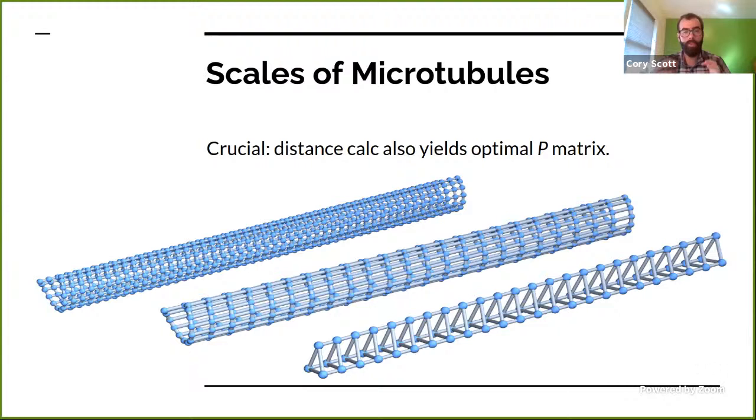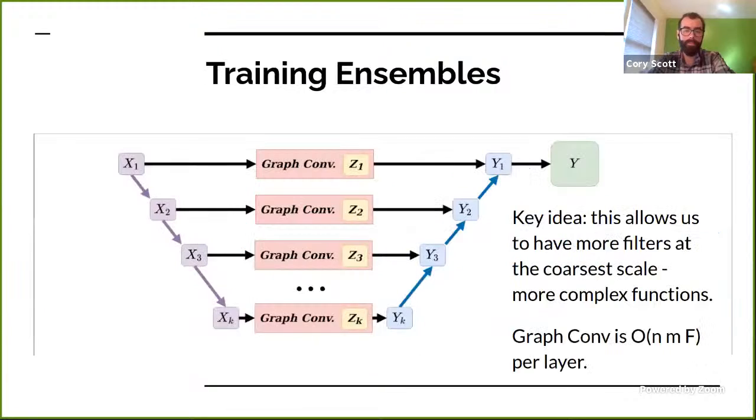So we've gone from treating each tubulin as a node to treating each alpha beta dimer as a node. And then the coarsest scale doesn't necessarily have a clear interpretation in terms of tubulin monomers anymore, but the point is really just that we have this hierarchical representation of our original graph, of successive coarsenings of our original graph.